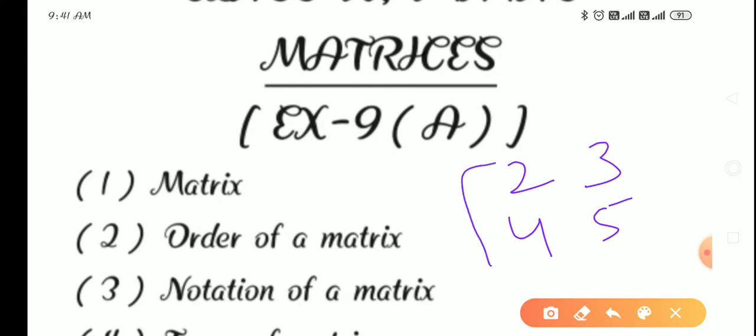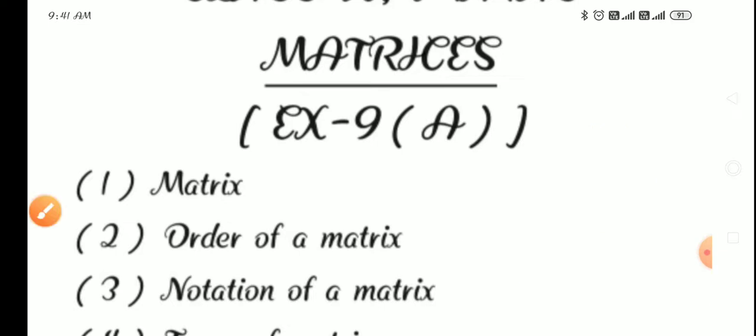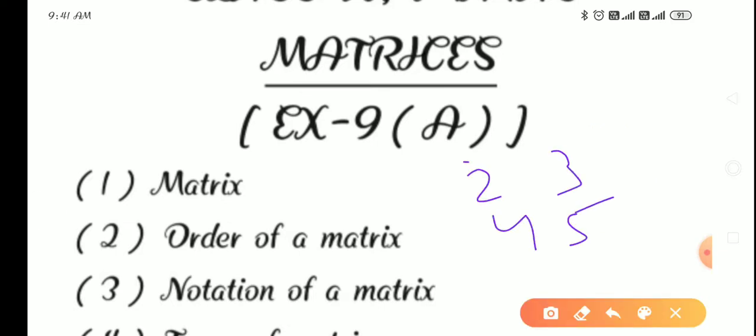It is a rectangular arrangement of numbers and these numbers should be enclosed by square brackets, big brackets you can say, or by parentheses. By parentheses means round brackets also can be taken in place of big brackets. So one example, 2, 3, 4, 5 I am taking.